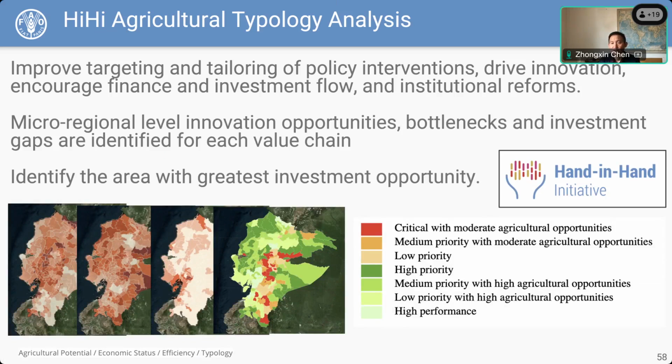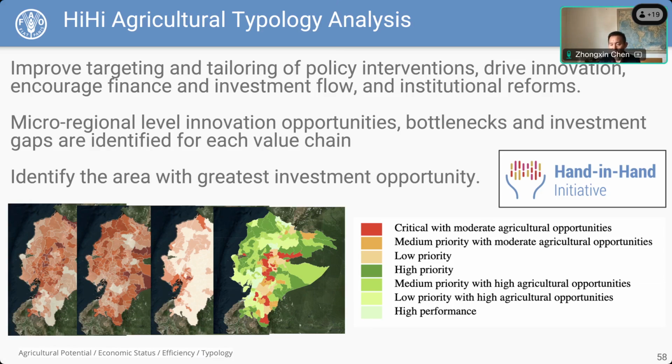This tool is used for gap and potential analysis for these countries to attract investment. It has already been applied in more than 40 countries. Until last year, it helped attract investment of more than $21 billion, with benefits to more than 156 million people. In this way, this technology is really useful.